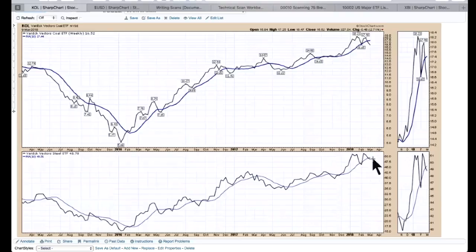But the steel stocks struggled towards the end of the week, and here we have the coal ETF, which you need coal to melt iron ore into steel. And so what happens is we're now below the 10-week moving average for the first time, really going back to July of last summer.